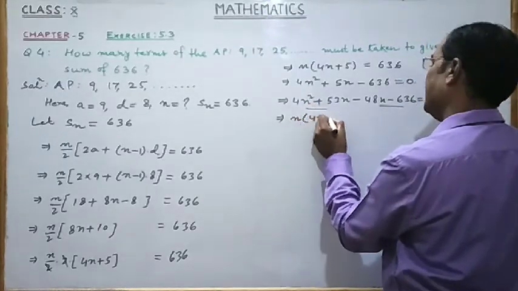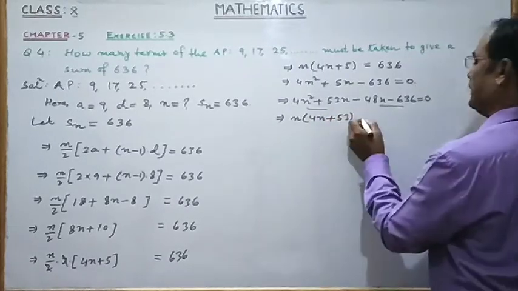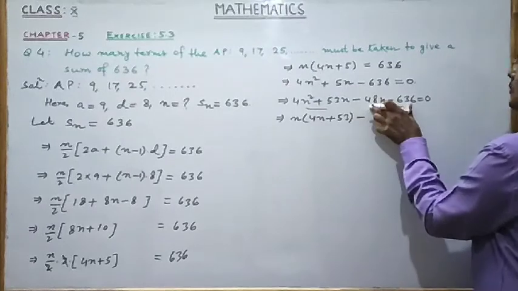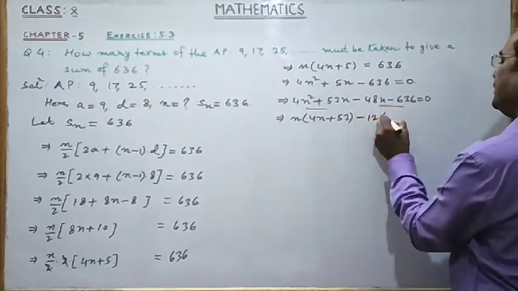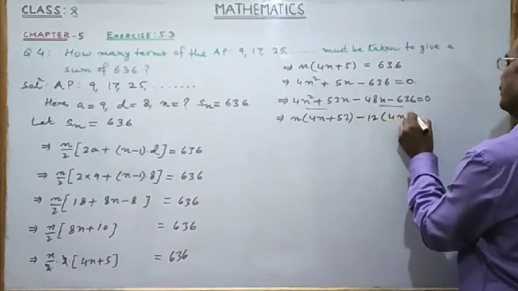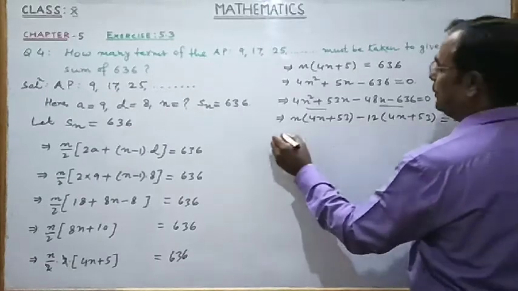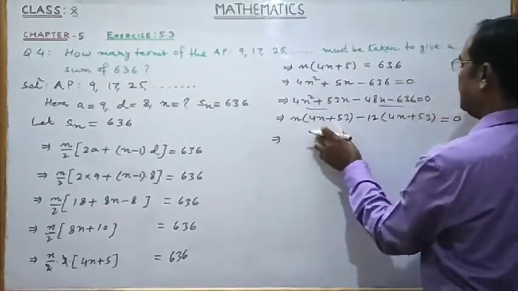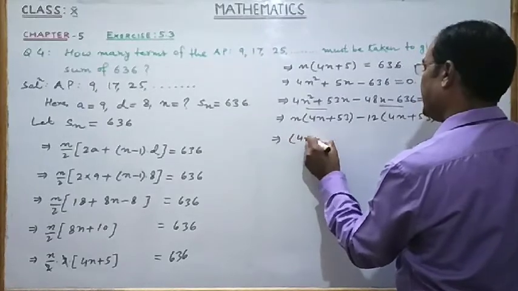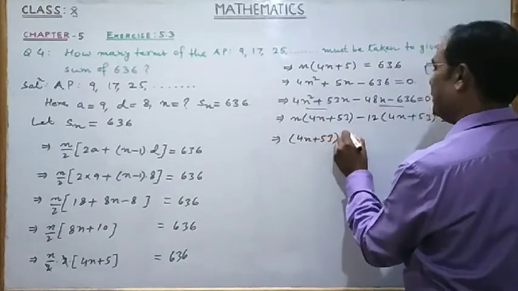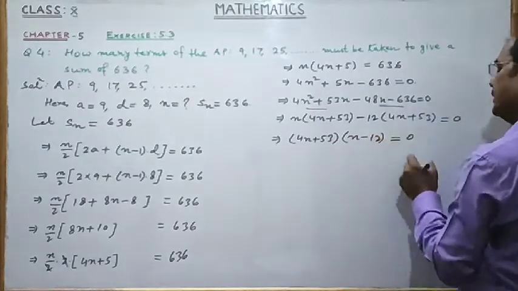So 4n plus 53 in the bracket. Minus 12 is common from the second group. So minus 12 is common, 4n plus 53 equal to 0. Now 4n plus 53 common. So 4n plus 53 common, n minus 12 in the second bracket.